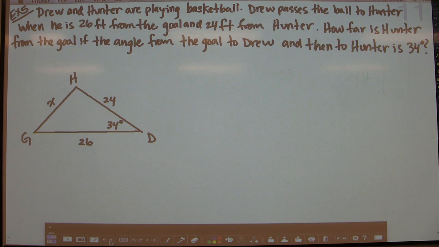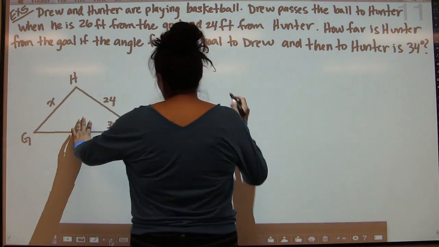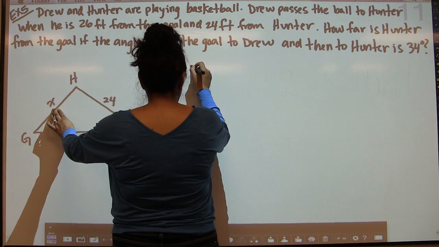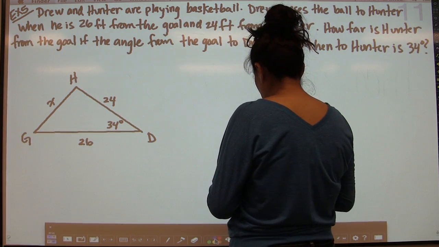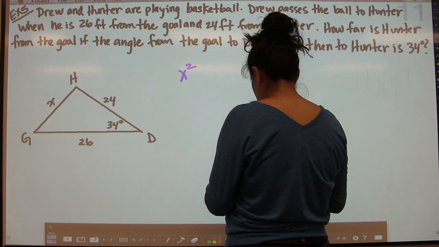And they want us to find x. So this time I'm actually going to use my law of cosines, because I'm going to take my x squared. I'm not sure why my pen's not on either. This really is not cool.